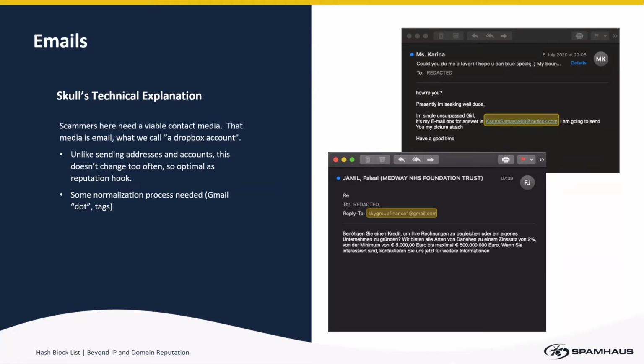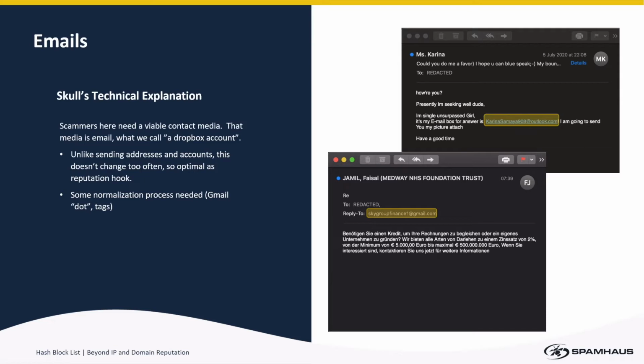And again, just as we said, that is something not really new. What you do in these cases is basically extract all the email addresses that are present in the message. In this case, in the reply-to header in the case of the NHS sample, and inside the body for the other sample, but it could be another header or other places.